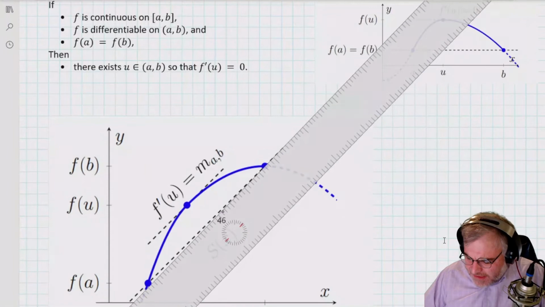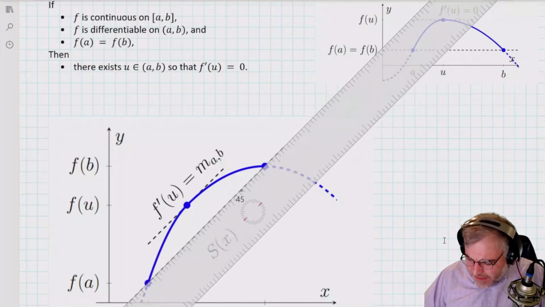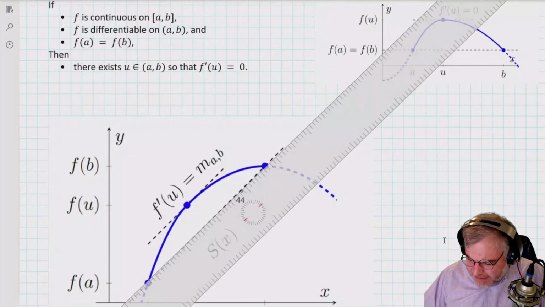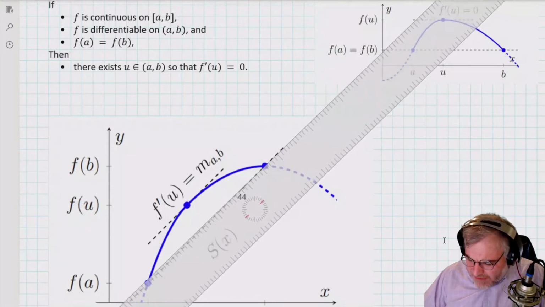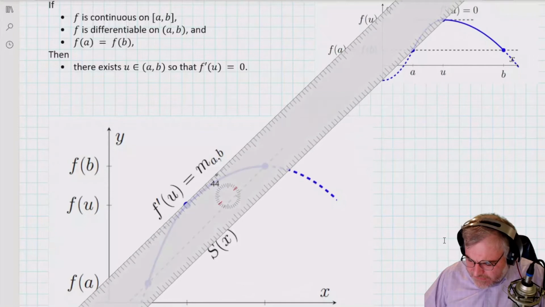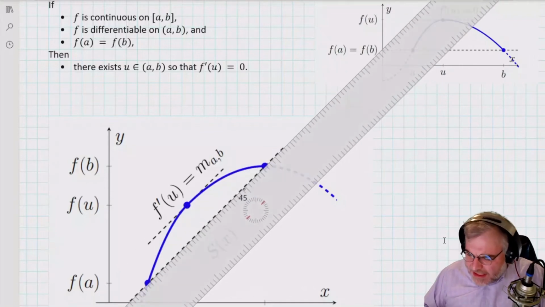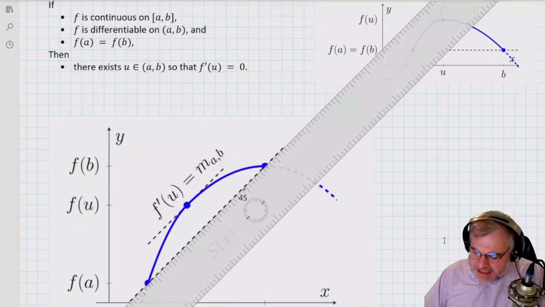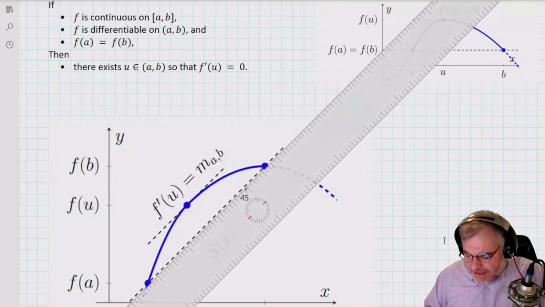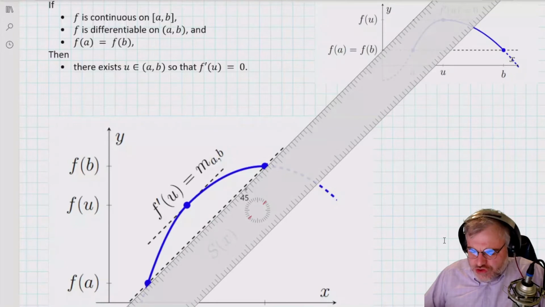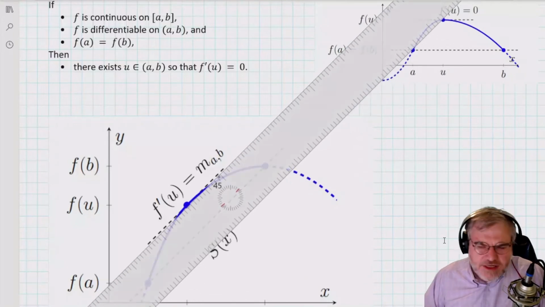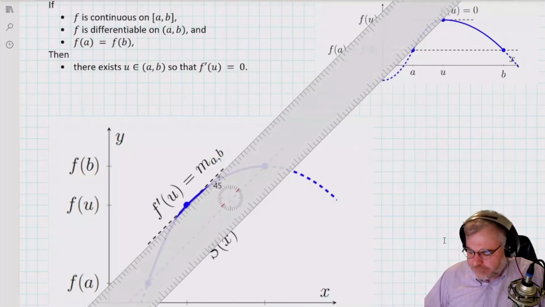If I have this kind of 45-degree angle here, this line connecting these two points, I should have a line that connects at that same angle. Here, f of A was f of B, but there's nothing really special about that. Here I've got a slope of 1, and somewhere here I should have a slope of 1. There's nothing really special about it being flat.